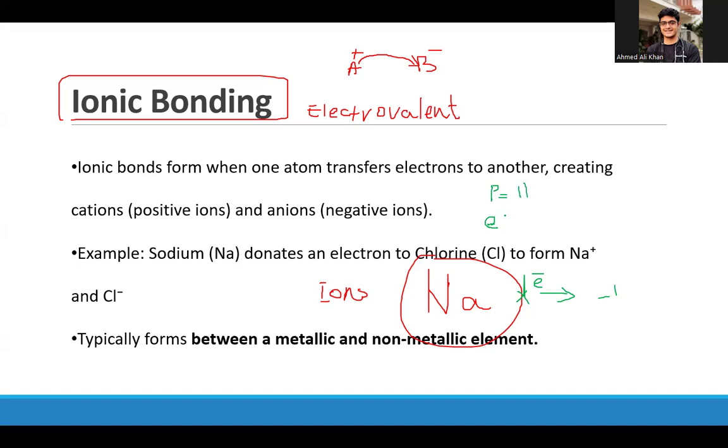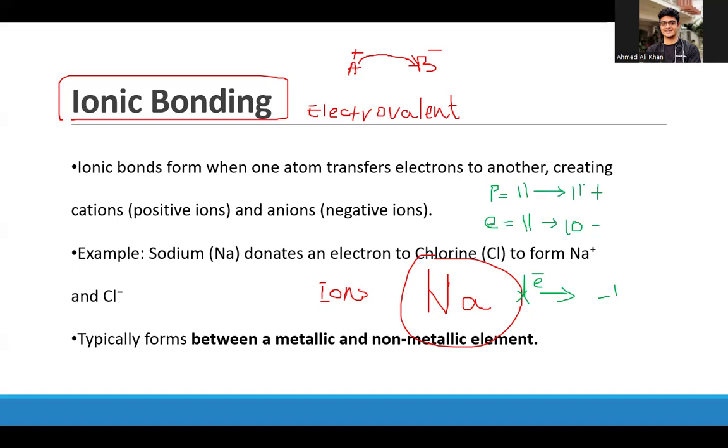Okay. And to balance those 11 protons, we have 11 electrons: 10 in the inner shells, and one electron in the outer shell. If sodium loses this one electron, it now has 10 electrons, meaning 10 negative charges, and 11 positive charges.